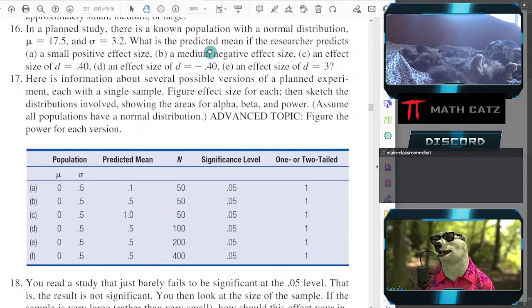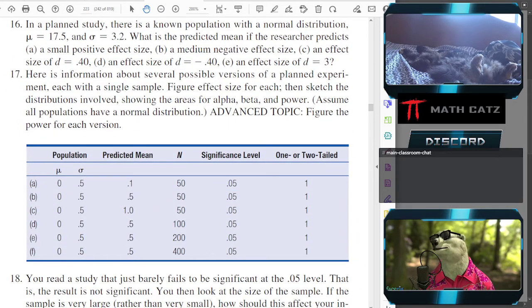Let's do number 16 as well, which flips this around a little bit. Let's read this first. In a planned study, there is a known population with a normal distribution, mu 17.5 and sigma 3.2. What is the predicted mean if the researcher predicts a small positive effect size?